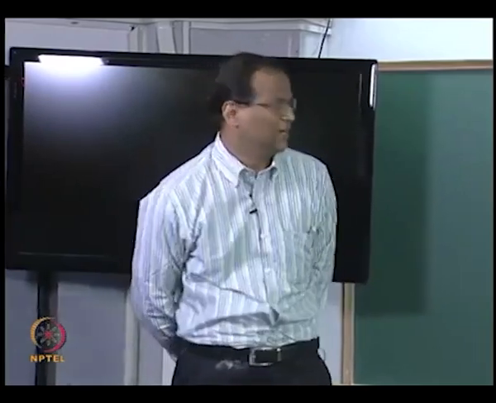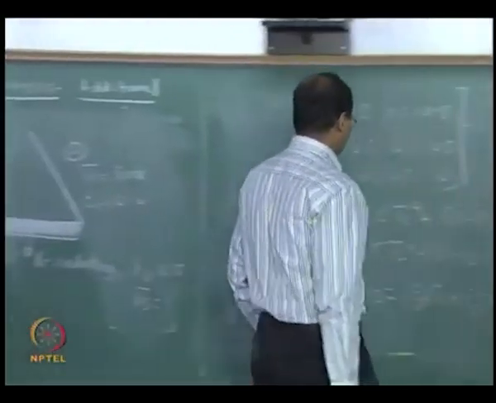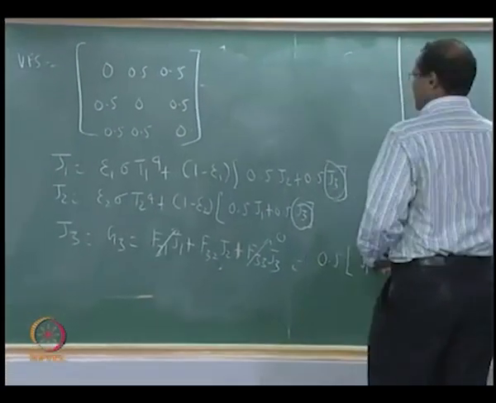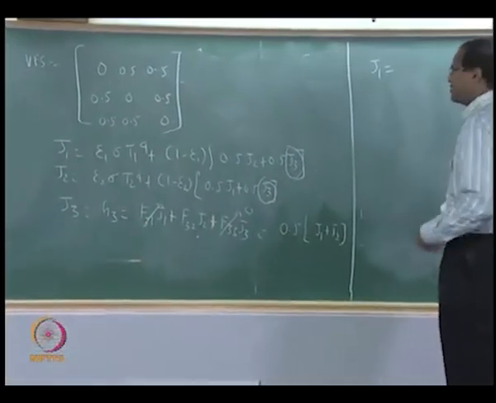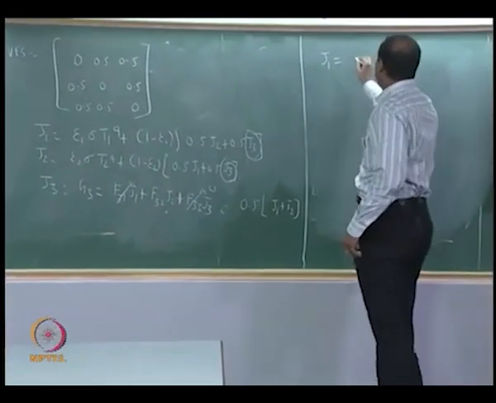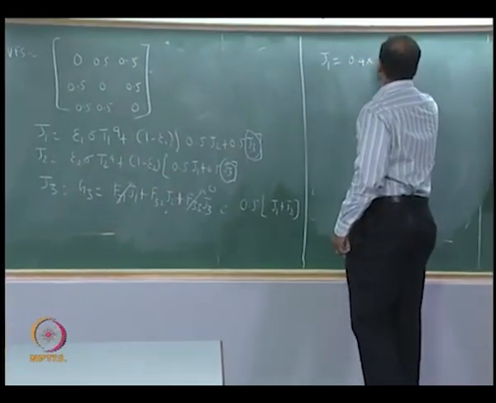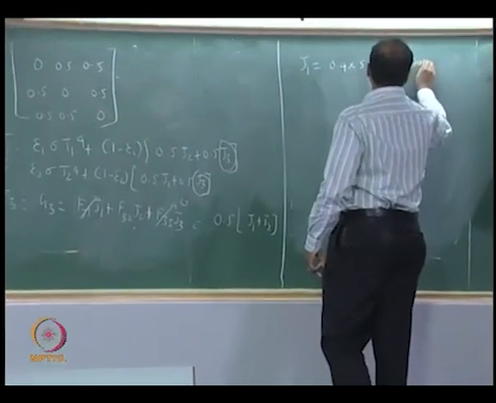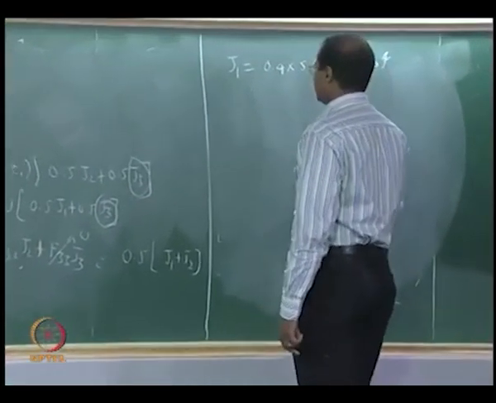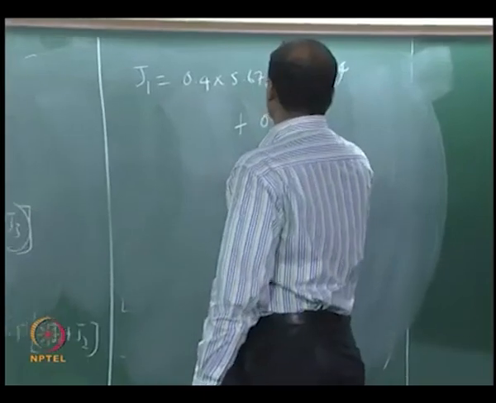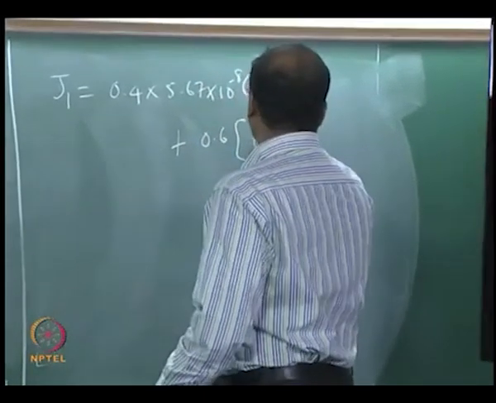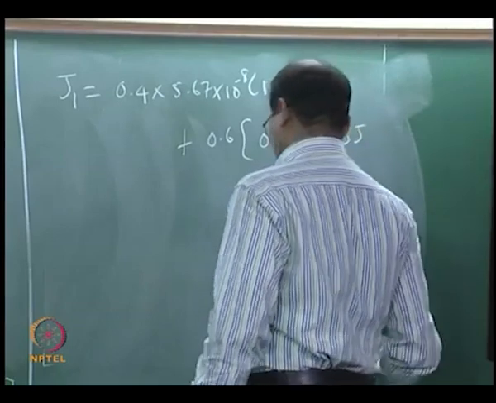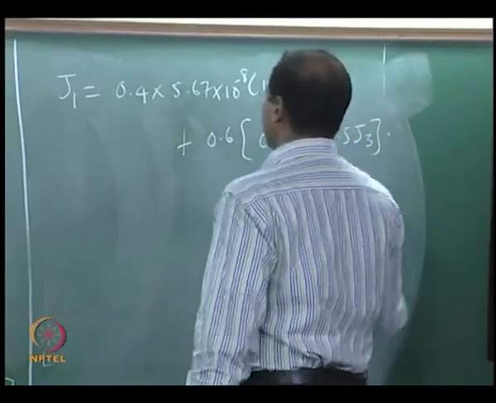Can you do that? We will have another 8 minutes. So J1, can you tell me the first term? Epsilon 1 is 0.4, plus... what is this?